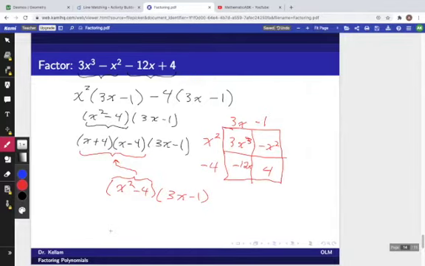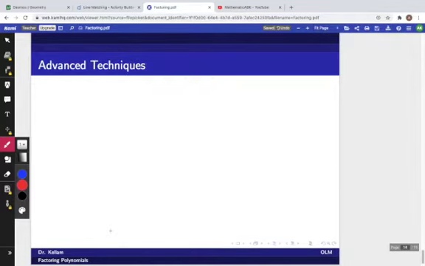Now for something odd. Sometimes you will see something that is not factorable, or at least does not appear to be factorable.